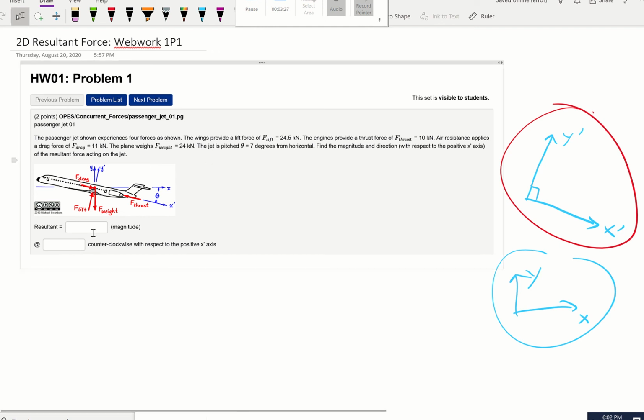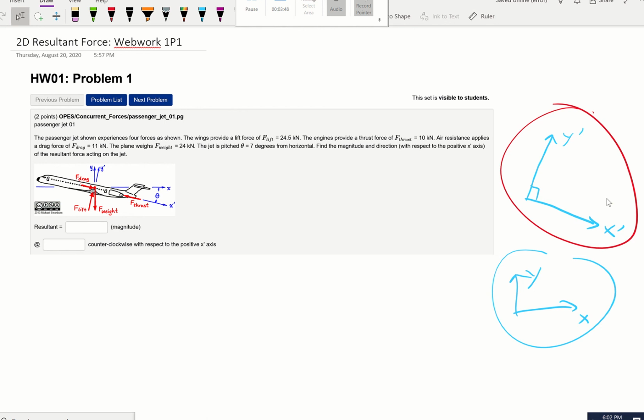And the same thing for the lift. The lift is on y prime. You don't need to decompose. So the only force that needs to be decomposed is F weight, into x prime and y prime components. Personally, I will choose x prime, y prime. That's going to make my life way easier when I solve this problem. So that's where we're going.